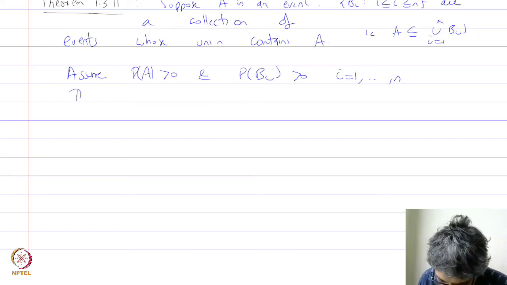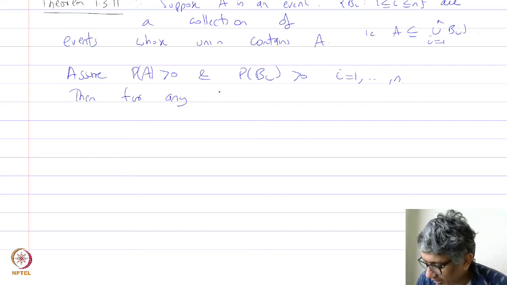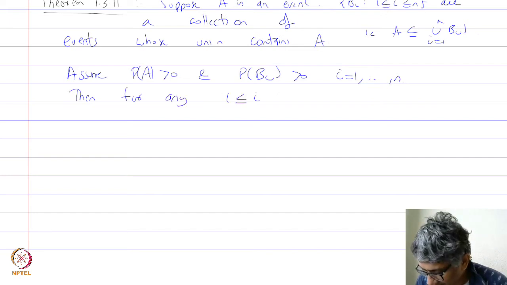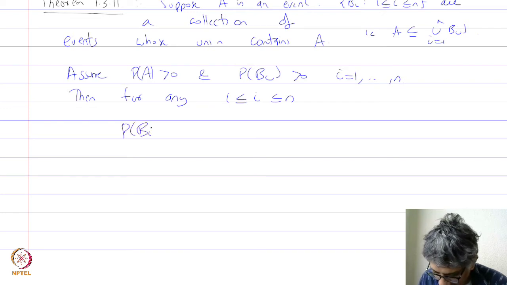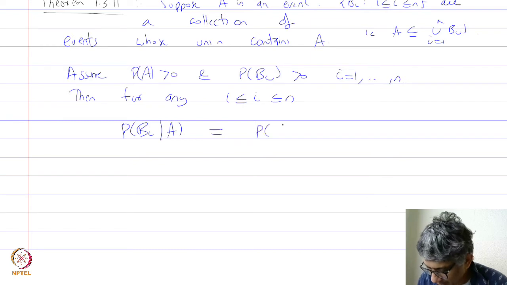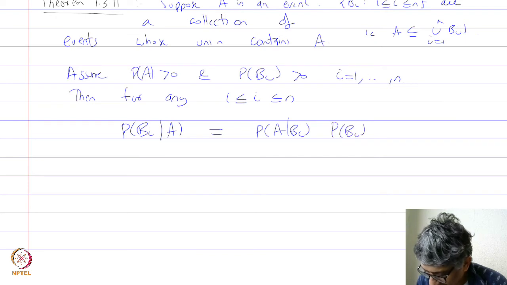Then for any 1 less than or equal to i less than or equal to n, the probability of Bi given A is the same as the probability of A given Bi times the probability of Bi, divided by the sum from j equal to 1 to n of the probability of A given Bj times the probability of Bj.